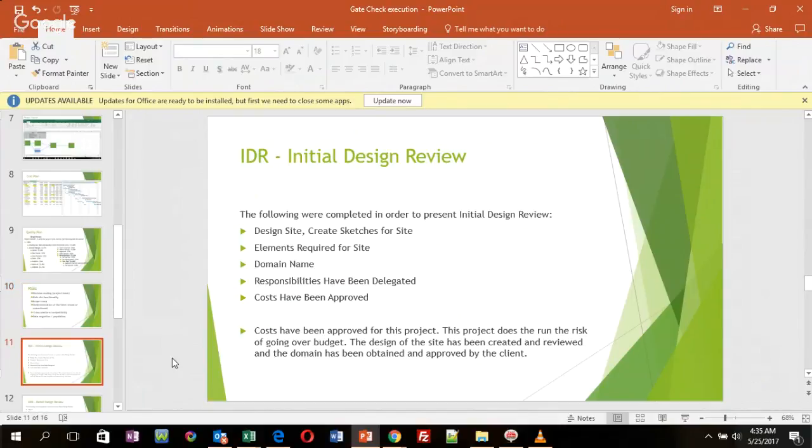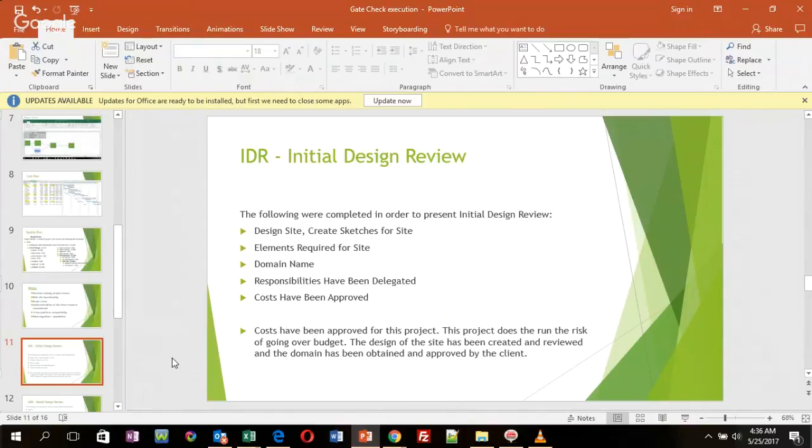In our initial design review, we completed by designing the website and creating sketches for the site. We concentrated on elements required for the site, the domain name, responsibilities that were delegated to each team member, and also we had to submit the cost for it to be approved.